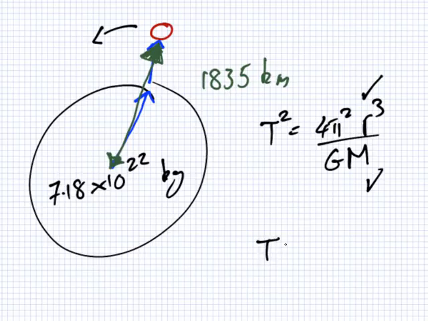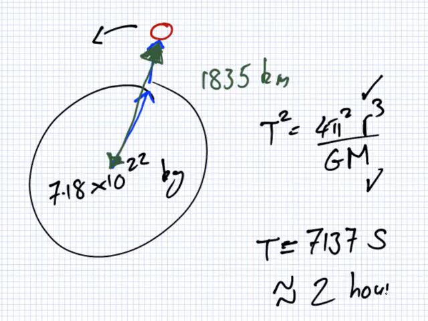T equals 7137 seconds, which is nearly 2 hours. It's 1.98 hours.